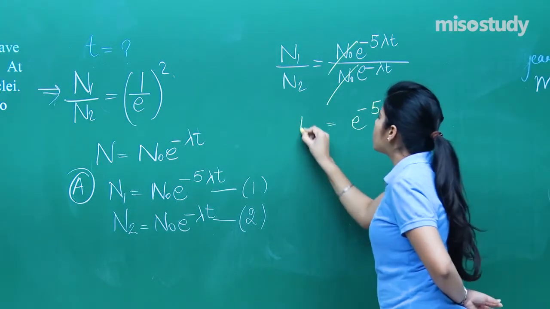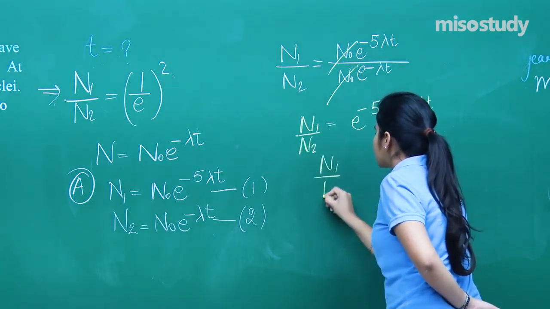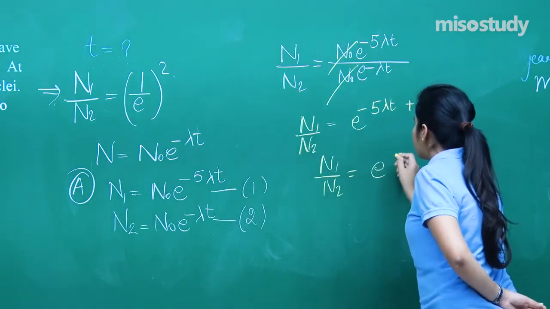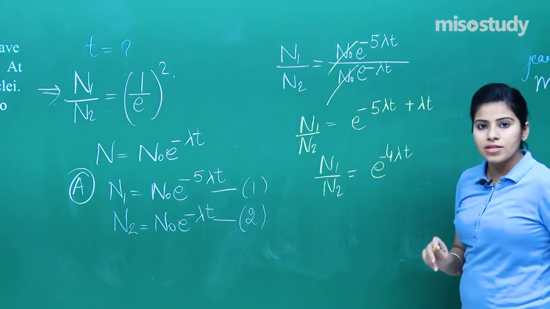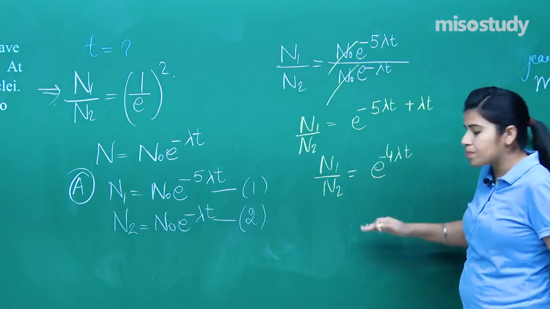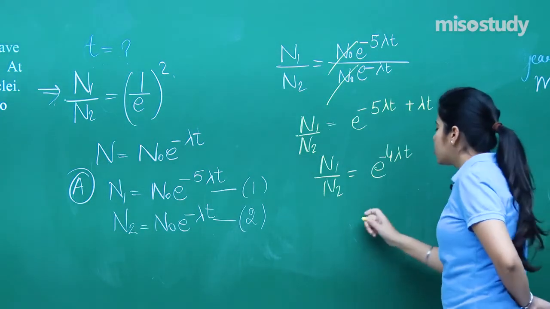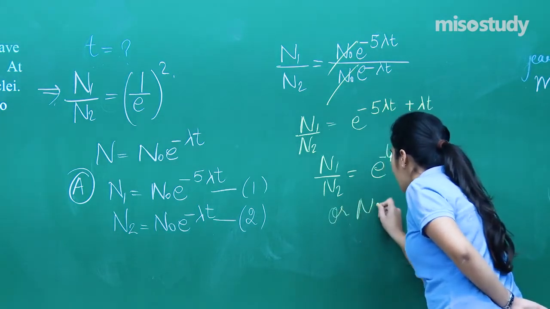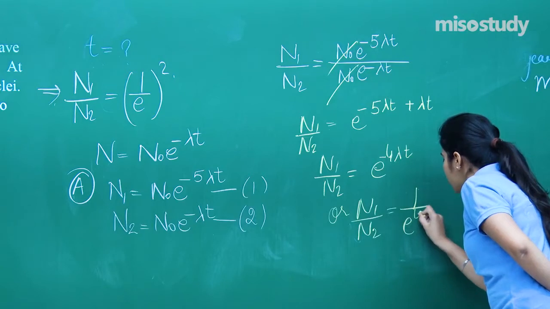So you have N1 by N2 as e raised to the power minus 4 lambda t. Because this is minus 4 lambda t, if we make it into the denominator, it becomes positive. So you can write N1 upon N2 equals 1 upon e raised to the power 4 lambda t.